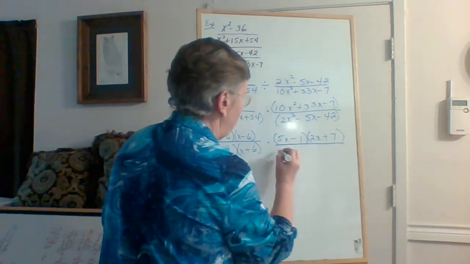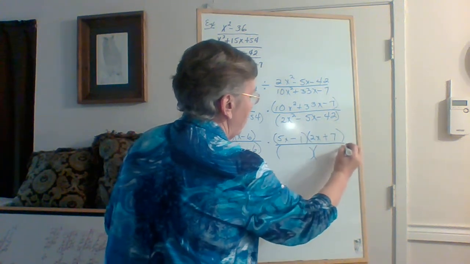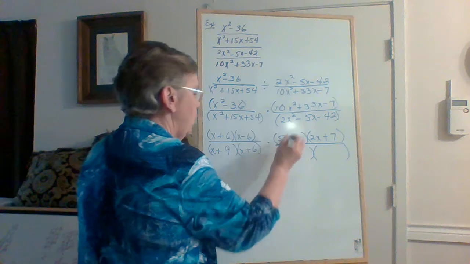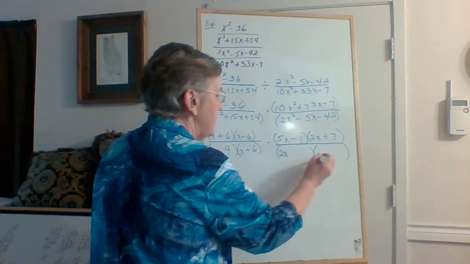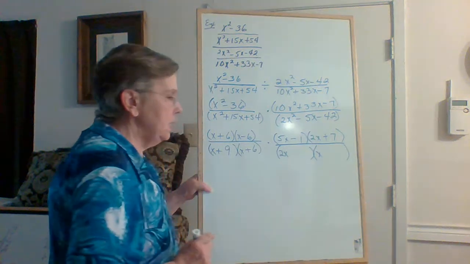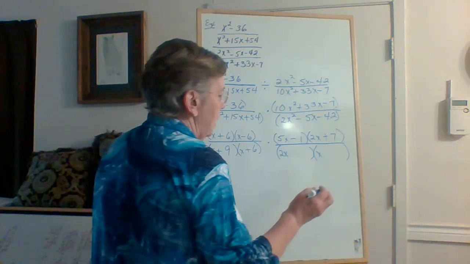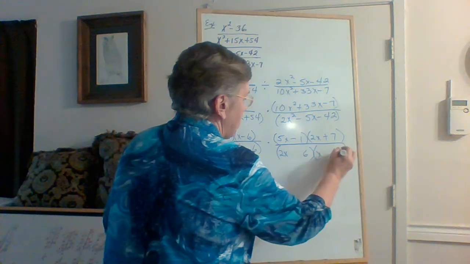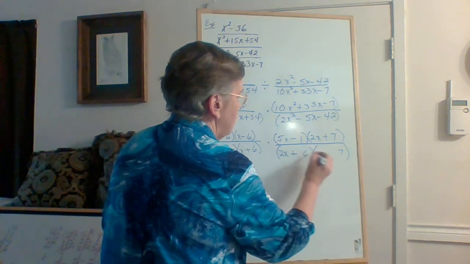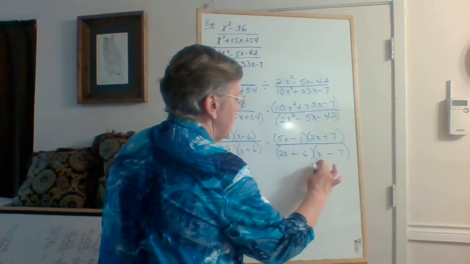Over. No common factor. So 2x and x. 42 is 6 and 7. Well, all right, let's try 6 and 7. One's plus, one's minus. That's a minus 14 and a plus 6.